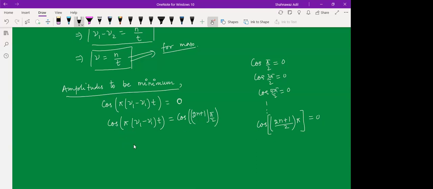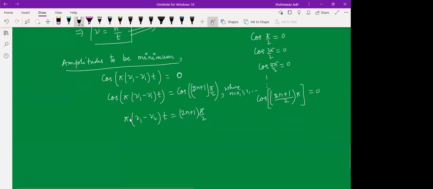And if we compare these things, this would be pi (nu1 minus nu2) t, and this is (2n plus 1) pi by 2, where n goes from 0, 1 to n. Right. So if we cancel this thing out, the beats frequency would be nu1 minus nu2 equal to (2n plus 1) by 2t.